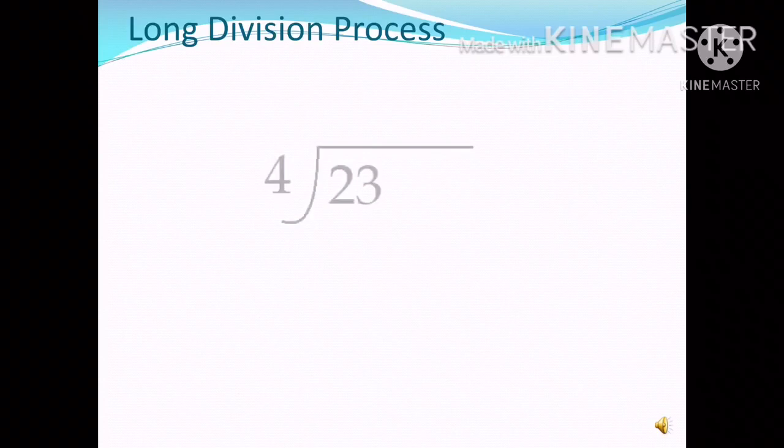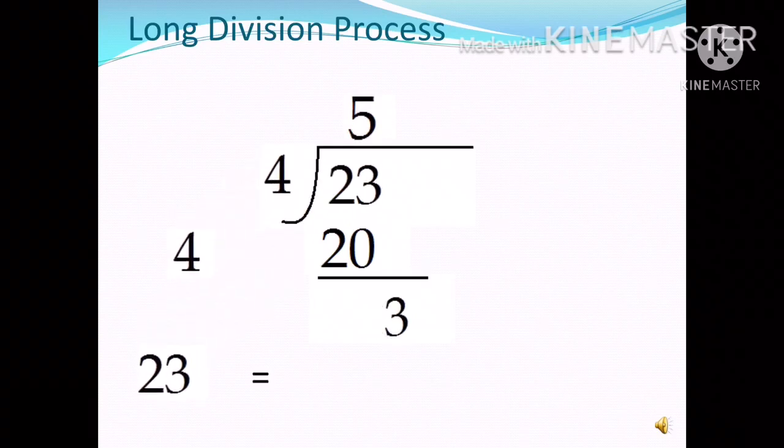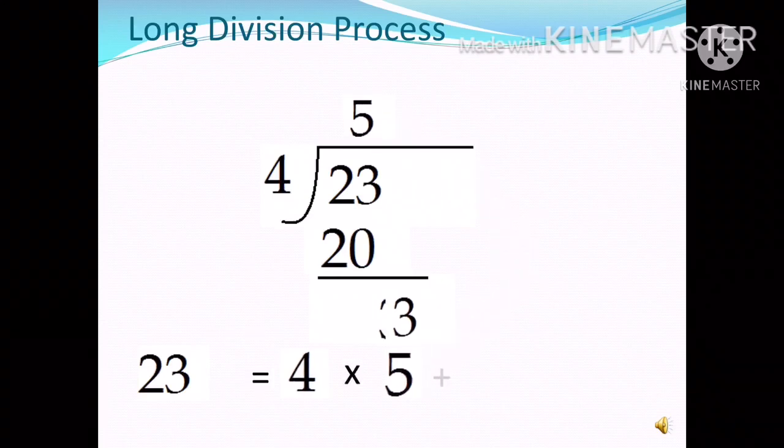If you want to divide, say, 23 by 4, then how can you do it? Simple. Now, the dividend 23 can be expressed as 4 into 5 plus remainder 3.